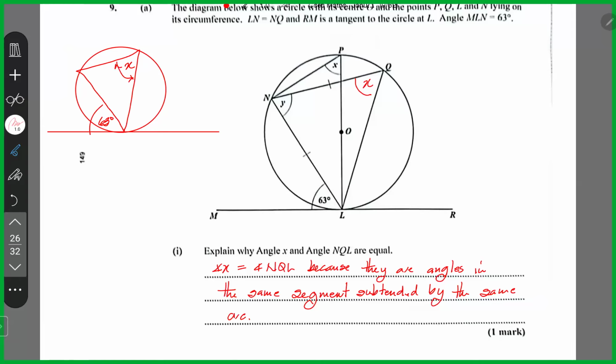The reason is the 63 degrees is called the angle between the tangent and the chord at the point of contact, and the angle X is called the angle in the alternate segment. Those two angles are equal.